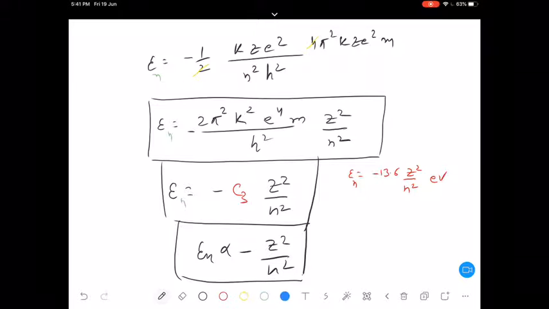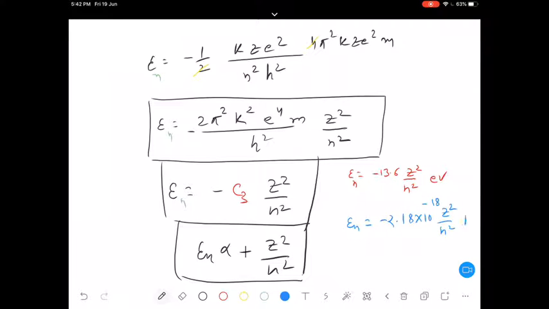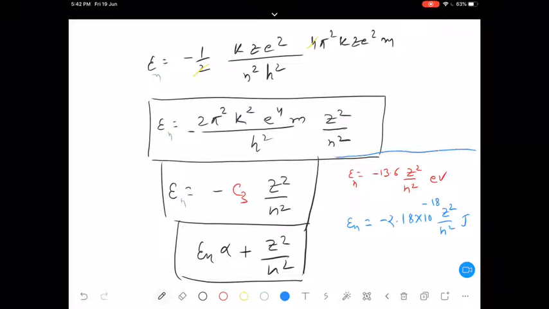Second, I'll write in terms of joules. Electron volt, I have already told you, 1 electron volt is 1.6 into 10 to the power minus 19 joules, right? Now this energy in terms of joules will be minus 2.18 into 10 to the power minus 18 z square upon n square in terms of joules.